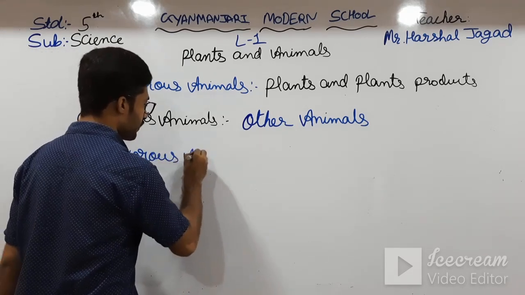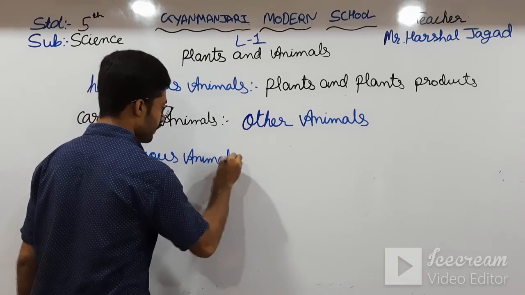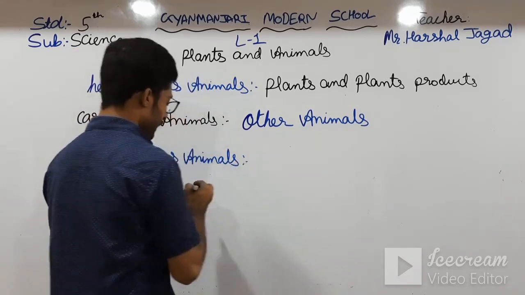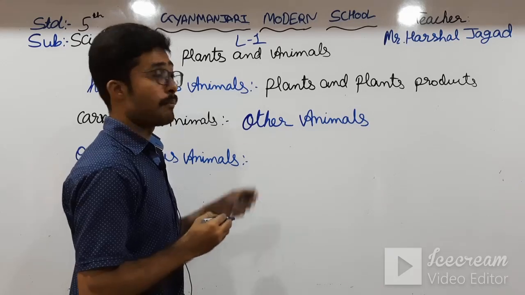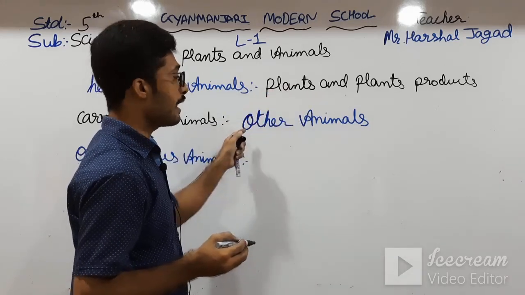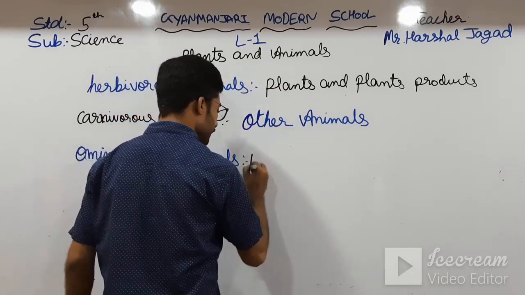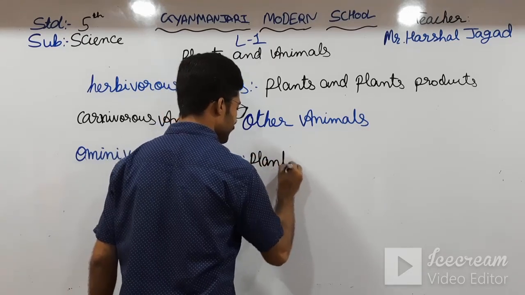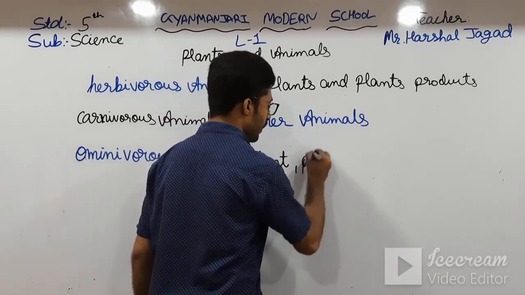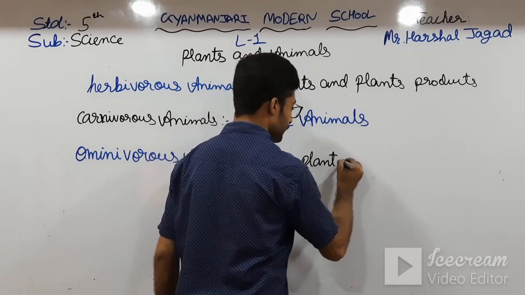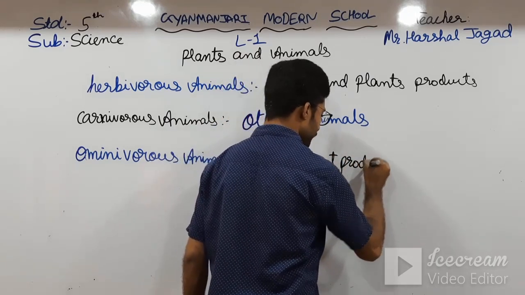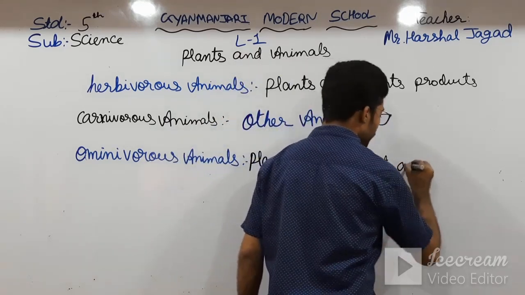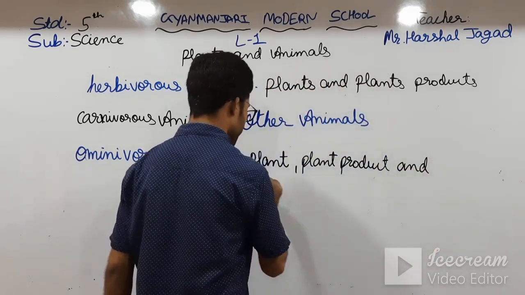Omnivorous animals, they eat both plant product and other animals.